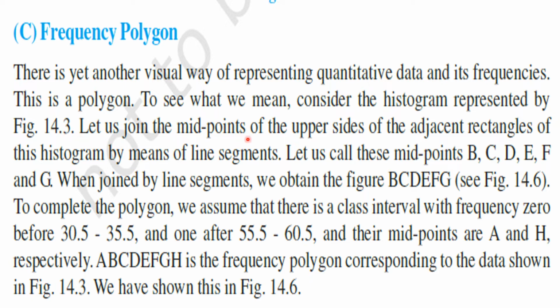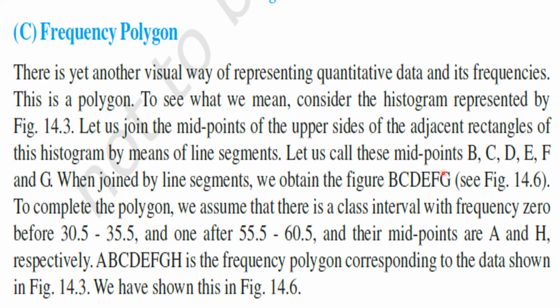Let us join the midpoints of the upper sides of the adjacent rectangles of this histogram by means of line segments. First we have to find the midpoints of the upper sides of adjacent rectangles of that histogram, and join them by line segments.